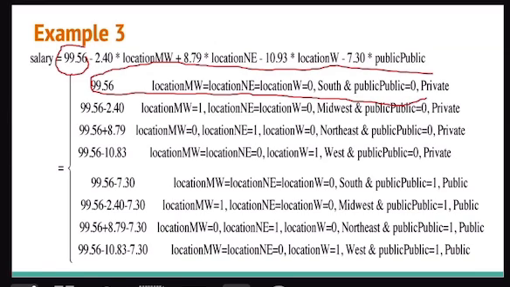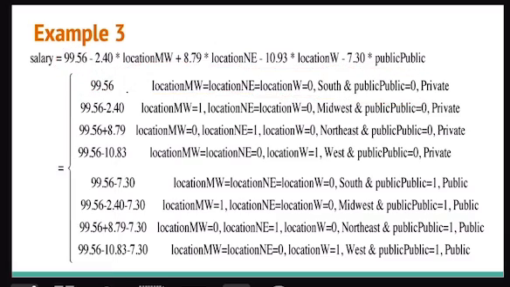Now, where you want to continue, okay? For instance, if you take a look, you want to focus on Midwest. There are two things. You want to focus on Midwest, and at the same time, is it Midwest private or Midwest public? Okay.